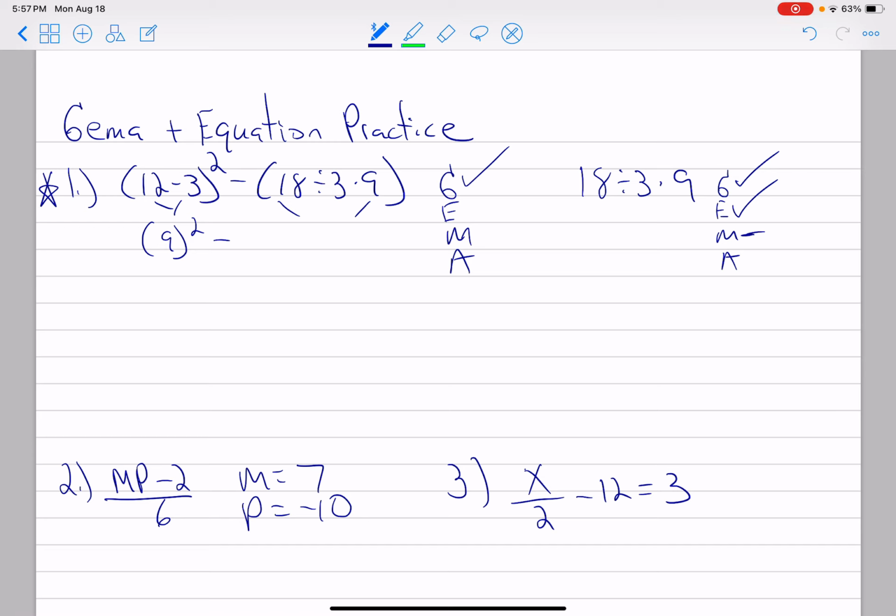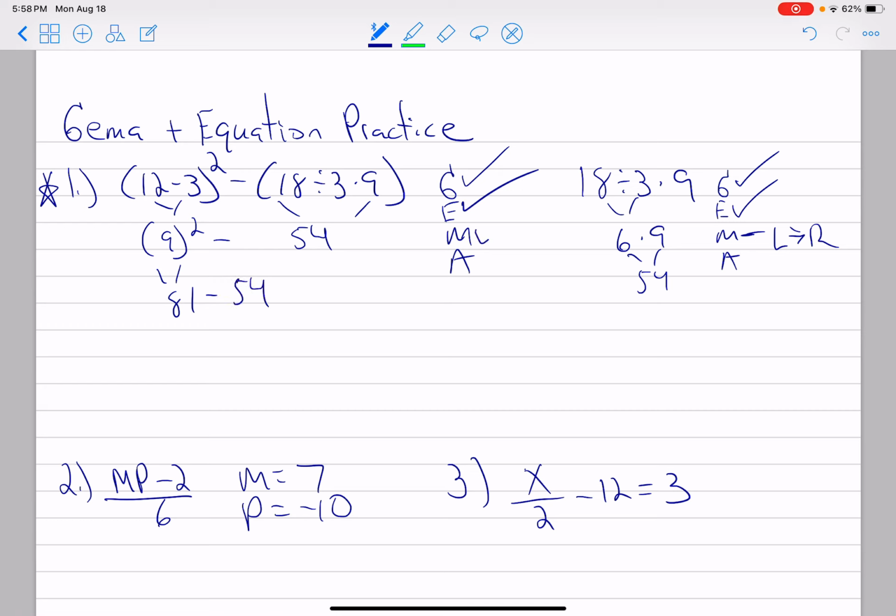Which one do I do first? I go left to right. So I do 18 divided by 3, which is 6. 6 times 9, which is 54. So this whole thing became 54. No more grouping. Exponents? Yes, I'm moving back over here. 9 squared is 9 times 9, which is 81, minus this 54.